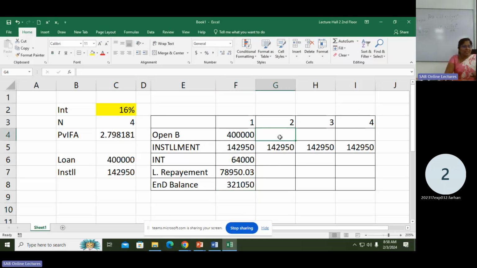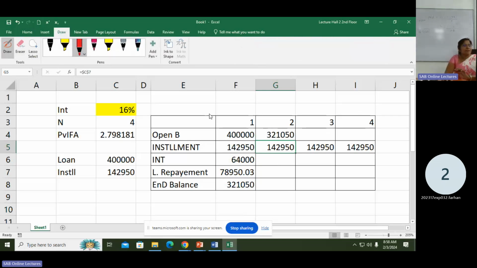Then this is the beginning balance of your loan in year 2, 321,050. Now the bank calculates interest based on this value, not the 400,000, because you have repaid 78,950 in year 1.